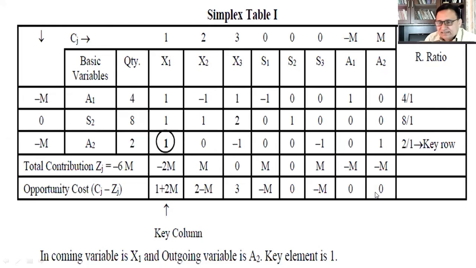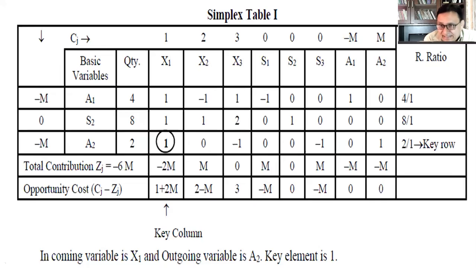So now we will test the optimality. Cj minus Zj values are there. Because it's a maximization problem, all Cj minus Zj values should be negative. But you find that in the first column it is positive, in the second column it is positive, and in the third column here also it is positive. So we have to find the biggest value among these positives.